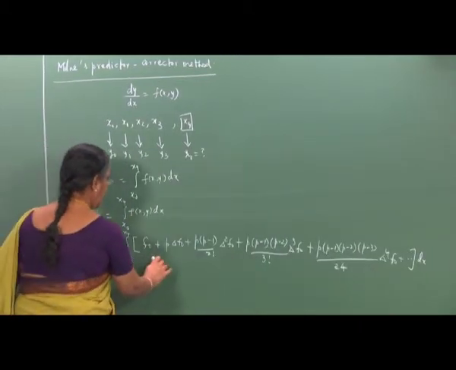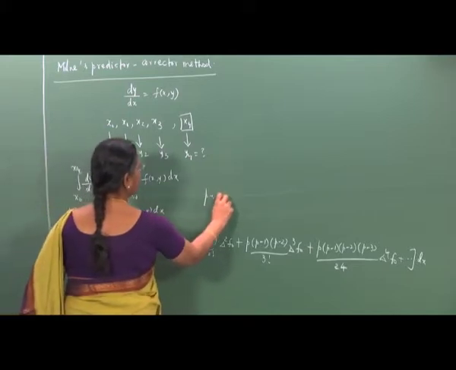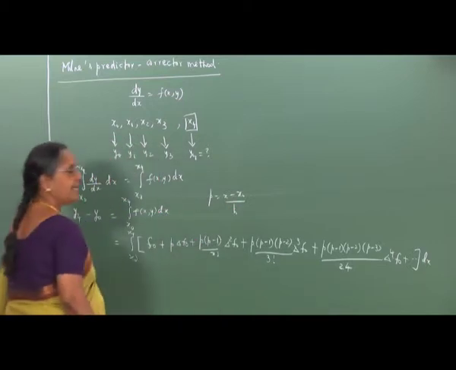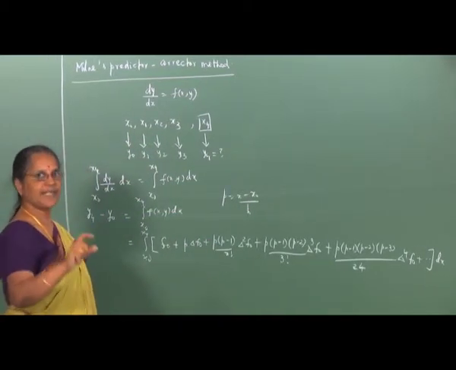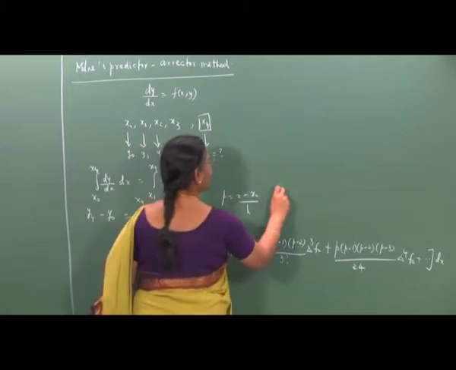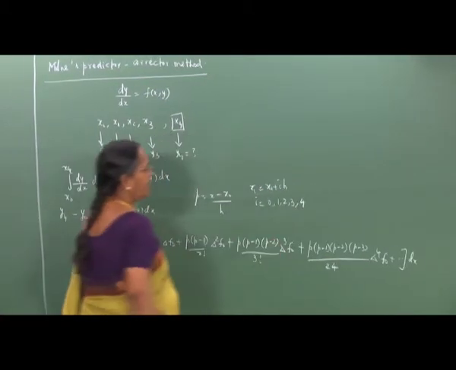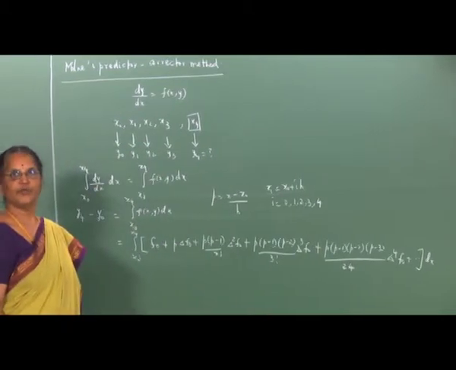And what is p here? P is x minus x0 divided by h, where h is the step size such that xi is x0 plus ih. So, i takes values 0, 1, 2, 3 up to 4.